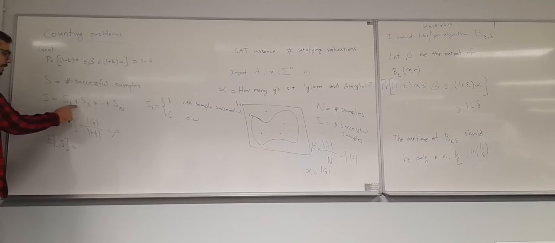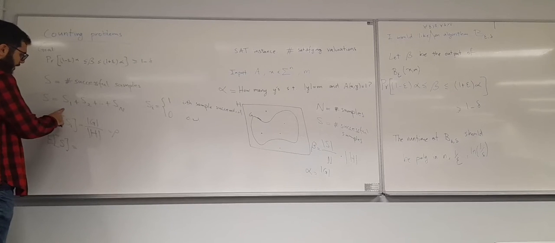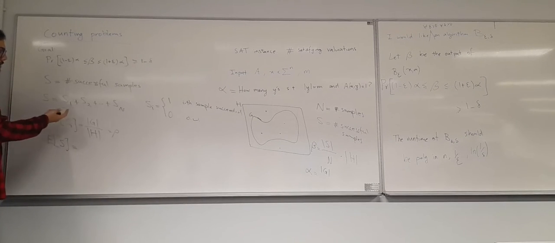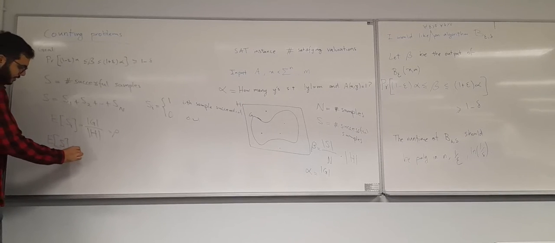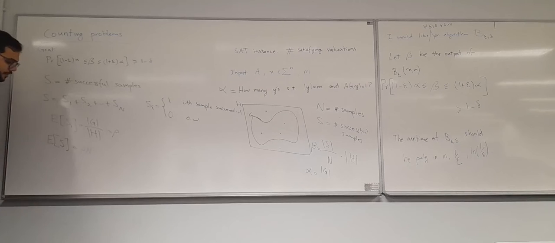Well, these are n independent random variables, and for linearity of expectation, I don't even need the fact that they're independent. So the expectation of the sum is just the sum of expectations. So this is just rho times n.